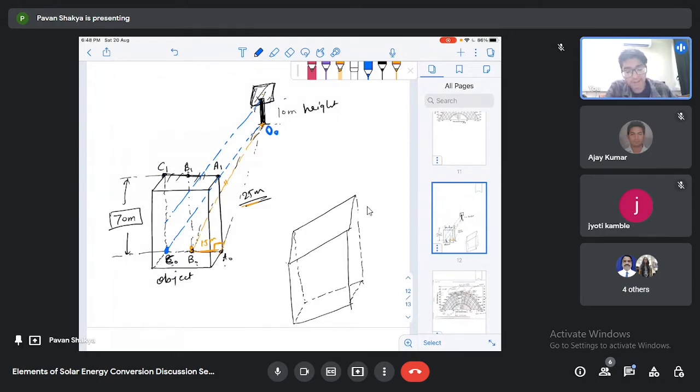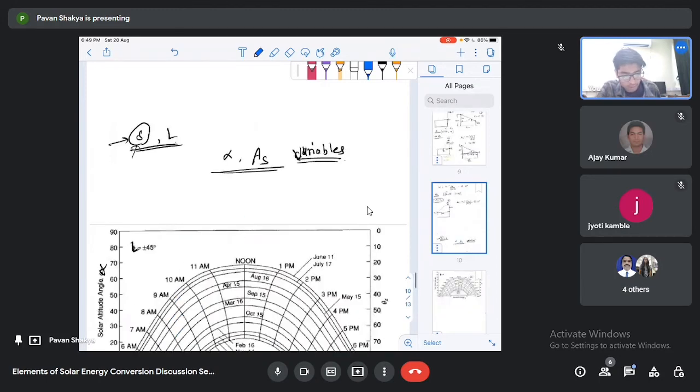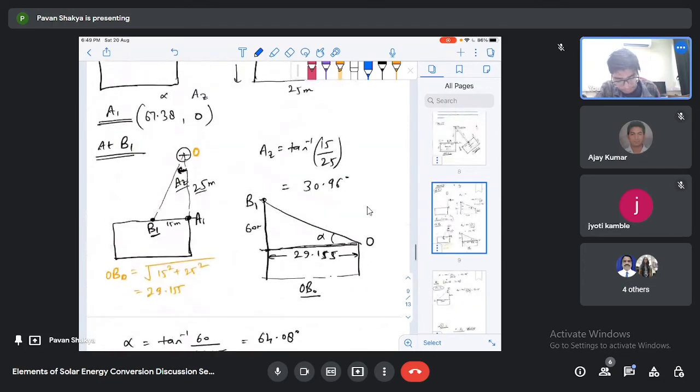Suppose this is O naught, that is the projection of this panel. Okay, and this one is our O. So now we have to calculate this O naught C naught, that is not given in the problem. Earlier for B1 we have similarly calculated the O naught B naught. I have written the O, I should write O naught, I think. Yeah.